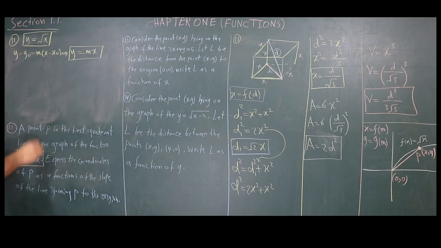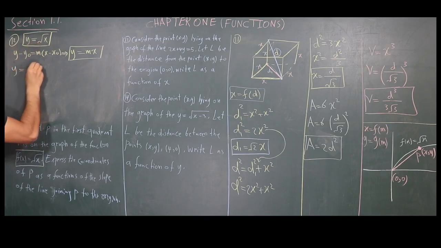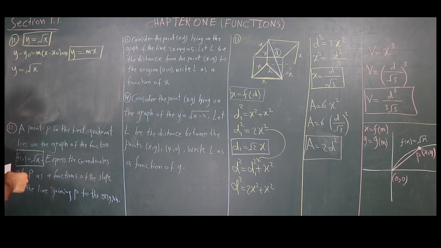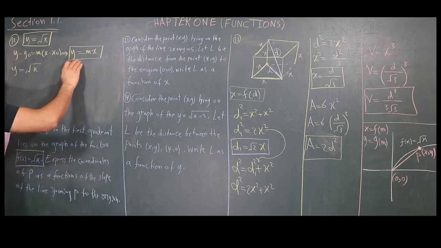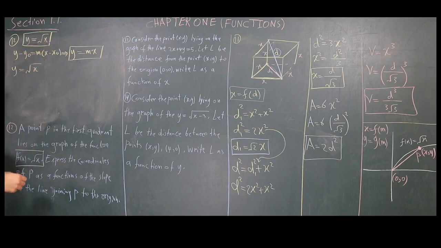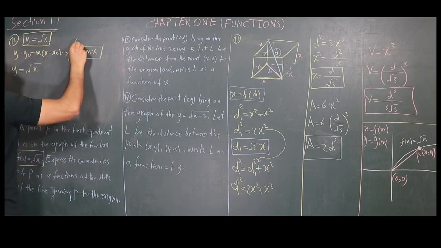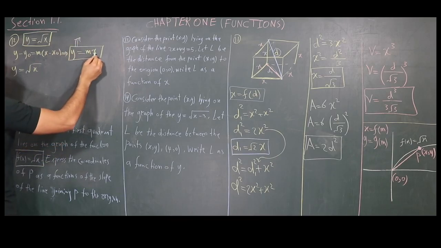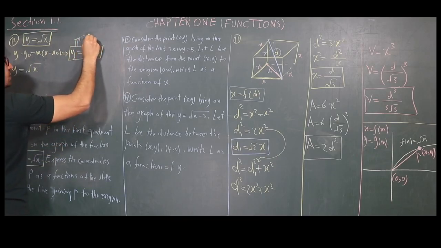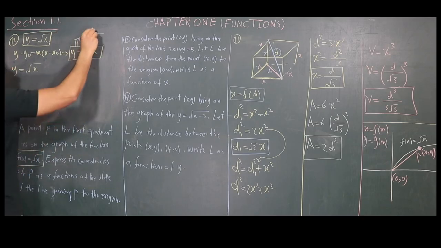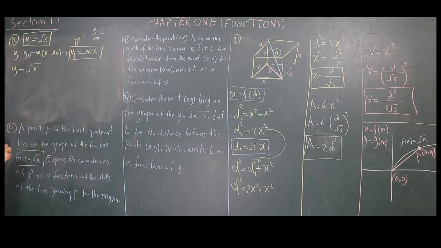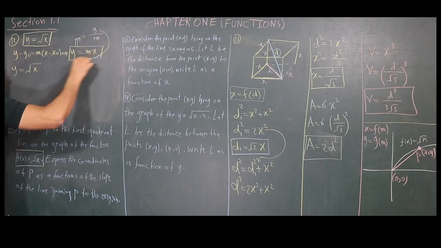From these relations, I want to express x and y as a function of the slope m. It's too easy. Here I'm going to say that y equals the square root of x. For example, I can take this one as a base, and I can take this one as a base. I'm going to say that x is y divided by m. So I'm going to substitute this one in here.